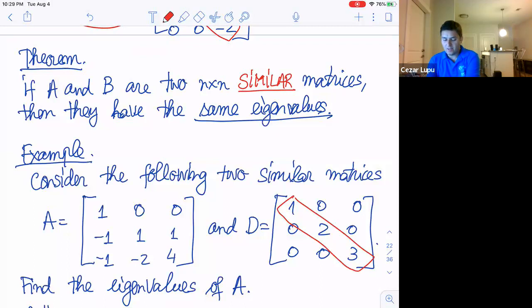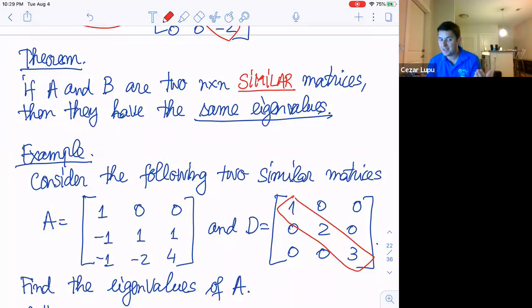But now, since I look at the statement, and I want to find the eigenvalues of my matrix A, look what it says. It says, consider two similar matrices, A and D. So maybe, since these are similar, there is an invertible matrix P, right?